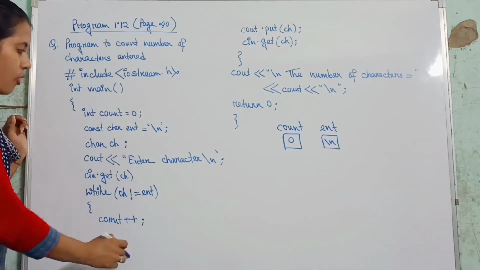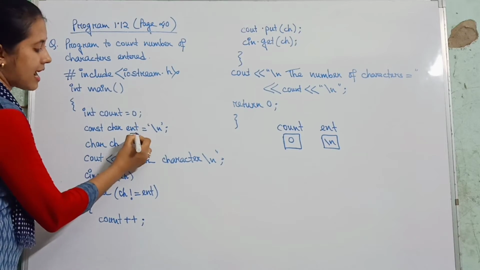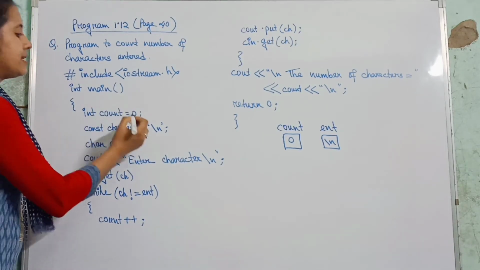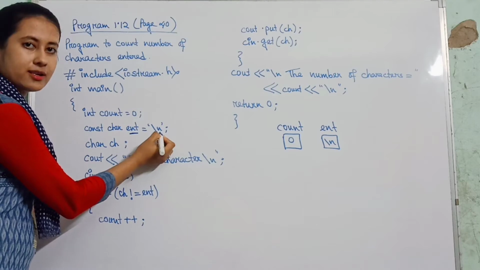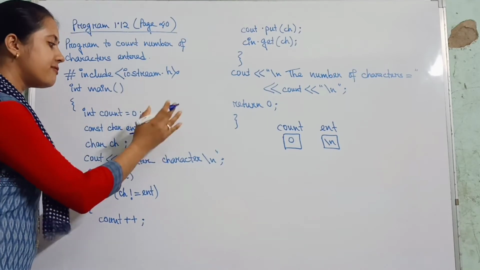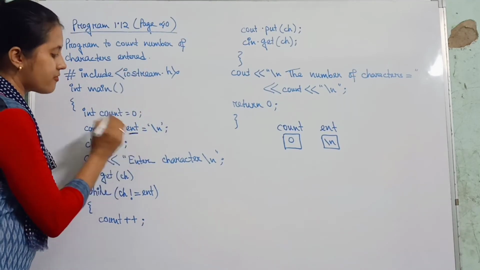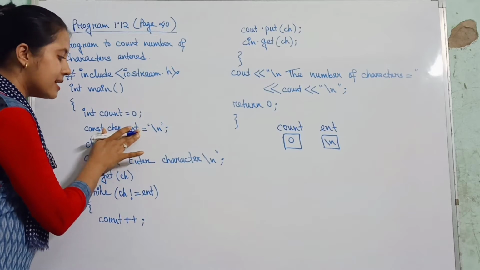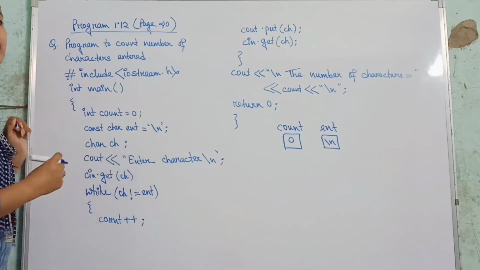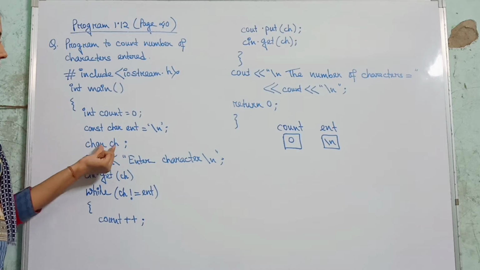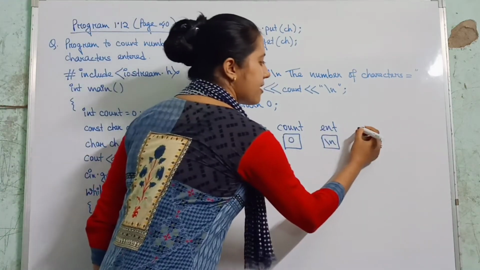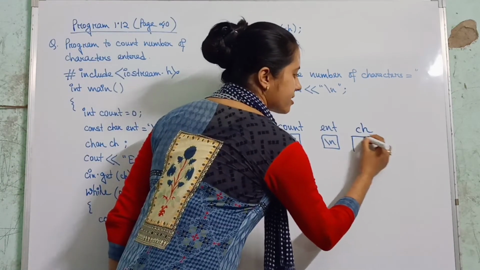It means in the whole program, wherever we get this ent value, it will signify nothing but the new line, that is \n. Clear? Now another character ch we have taken.